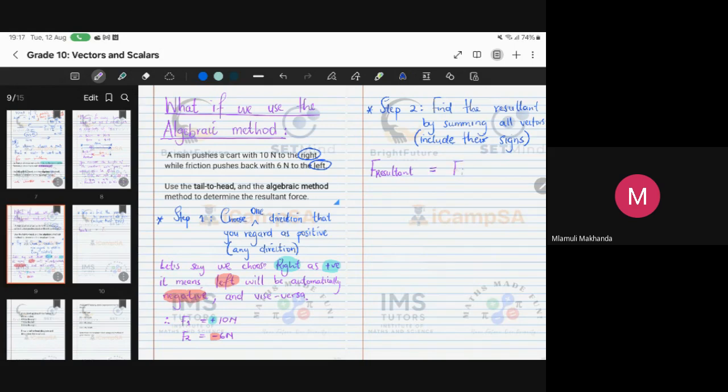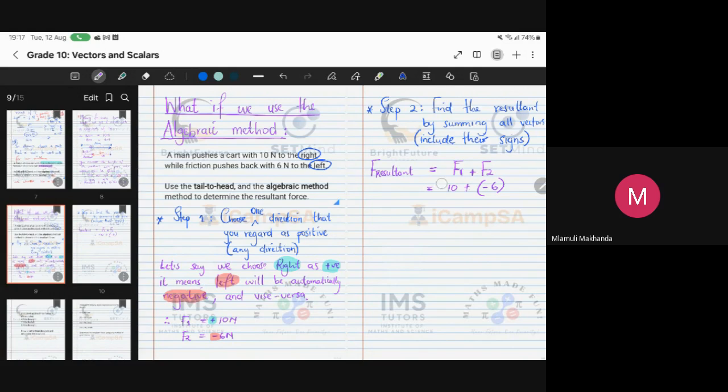Okay, let me do this. F1 plus F2, right? Which is equal to, we said F1 is plus 10, F2 is plus, and then it's minus 6, right? This plus is just this one, right? So if you put this in your calculator, plus 10 is simply just 10.